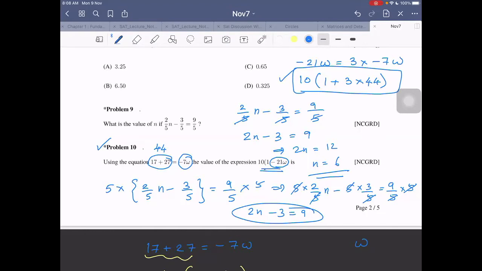So if you do it this way, it is much easier. What did I do? Instead of actually finding the omega value, I noticed that this minus 21 omega appearing in the required expression is nothing but a multiple of minus 7 omega that is given on the RHS of the original equation. Yes, this is easier, right?